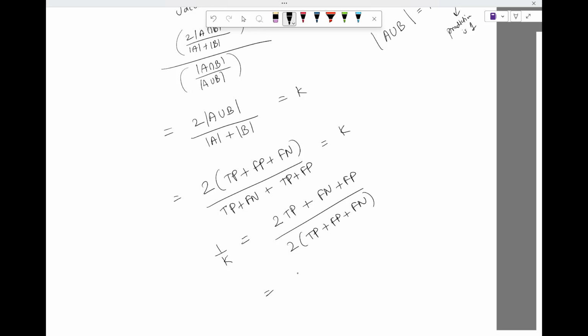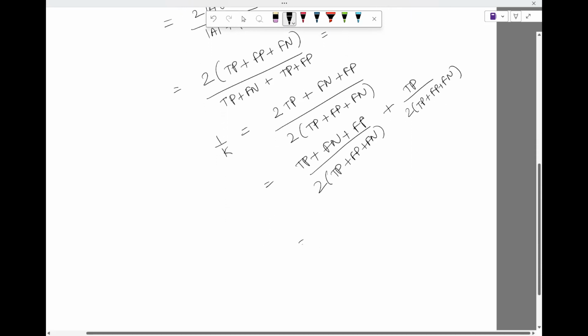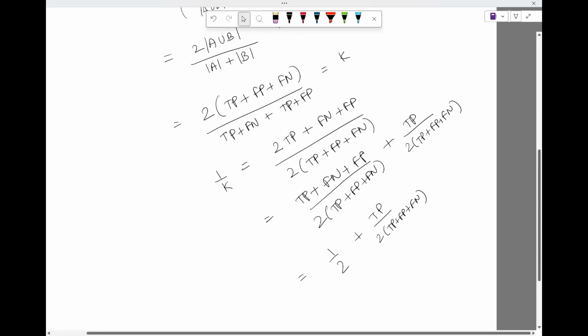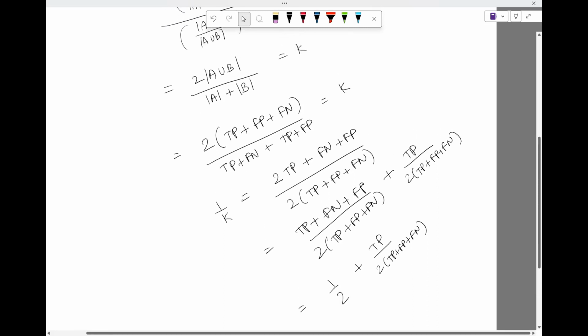I can write this as TP plus FN plus FP plus, but this is not giving us that much information. What else can be done?